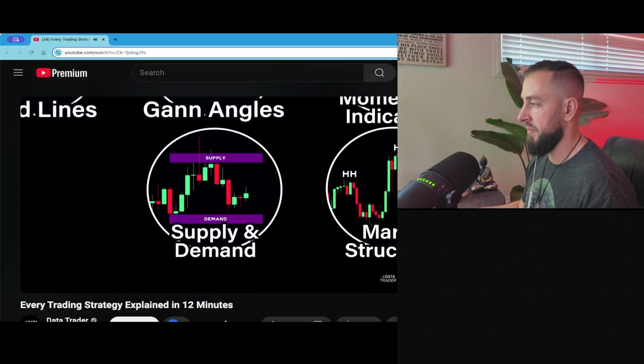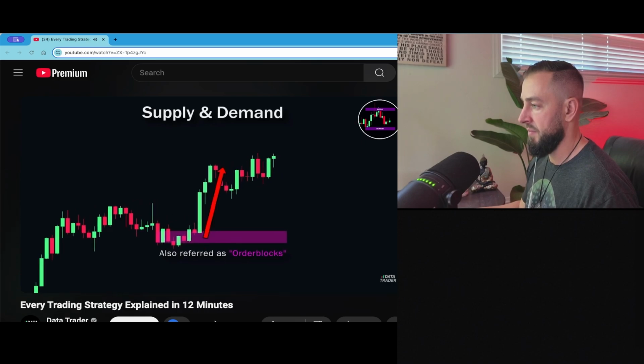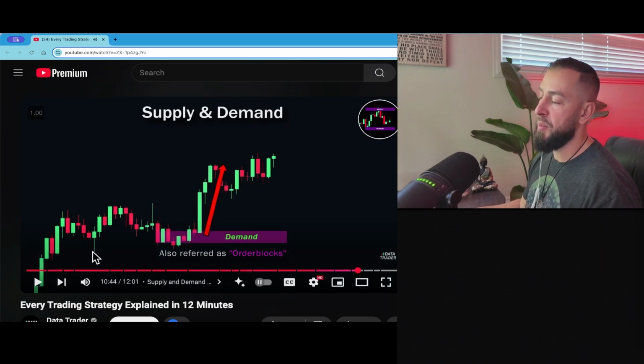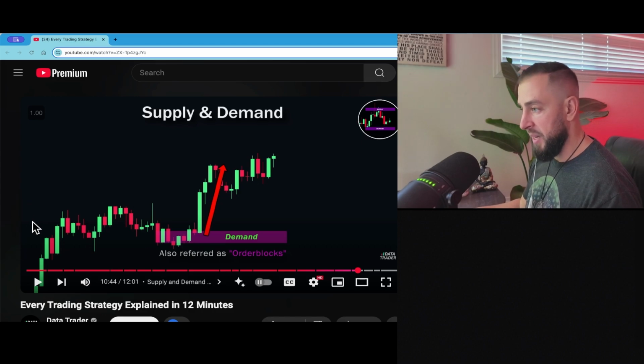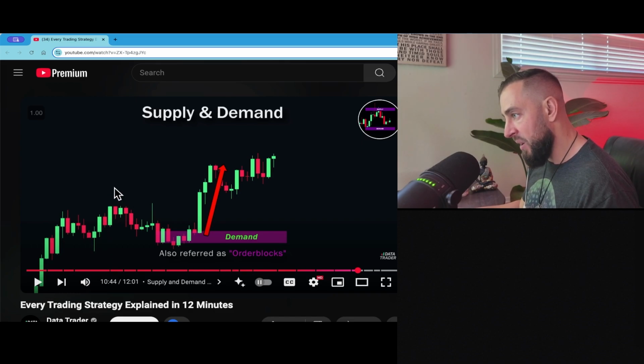Supply and demand. Also referred to as order blocks, these are zones where significant price movements have occurred. If price moves significantly upwards from a level, it is considered a demand zone. Okay, but then also notice here, we've got a double bottom because we had a bottom here, and then we've got a triple bottom. We call that a wedge bottom. The price came right down into this area and bounced out, three times.